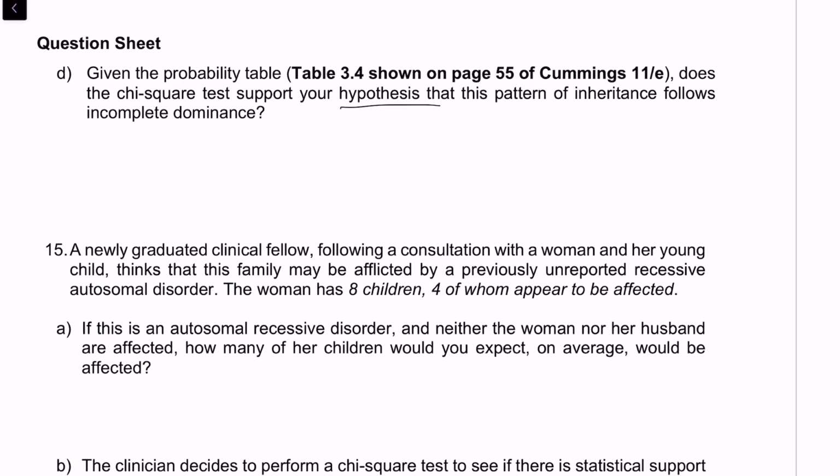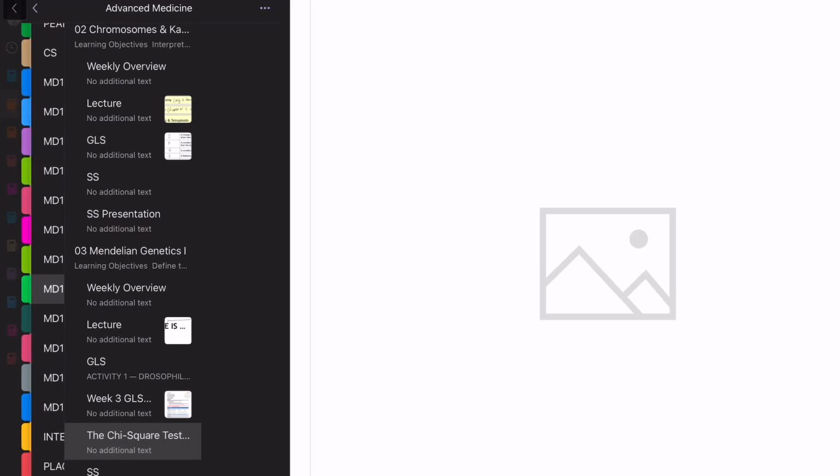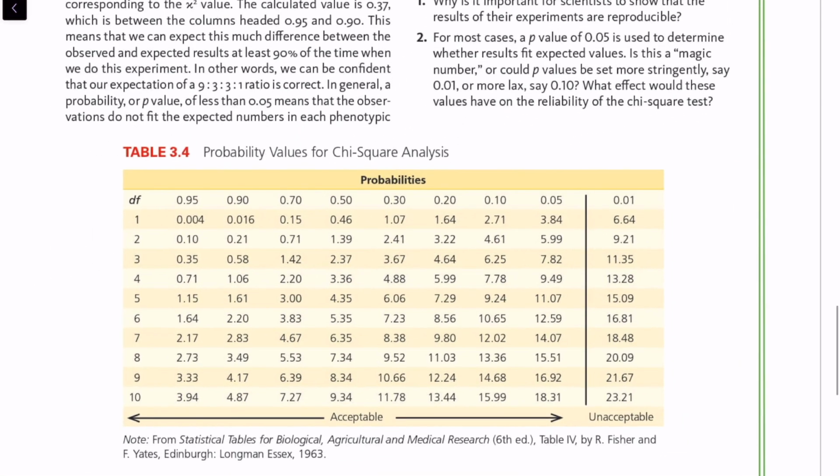So I'm going to go to the document, and here are the probability values for the chi-square analysis. What it's talking about here is we have the degrees of freedom on this first column right here. And we look for our degrees of freedom. We know that was 2, 3 minus 1. And we look at this row now. We just focus on that row.